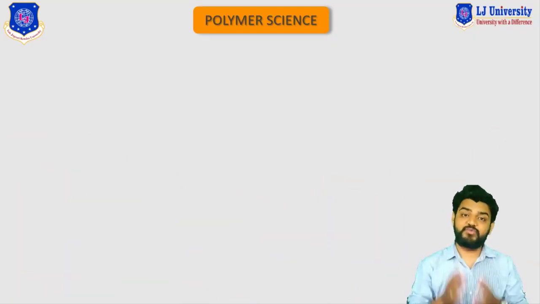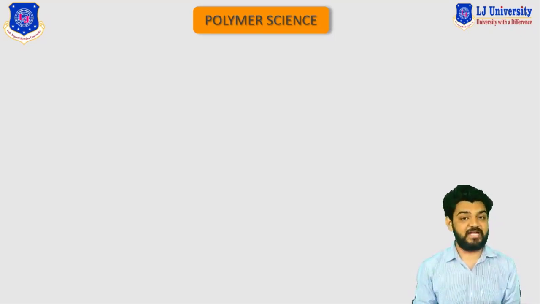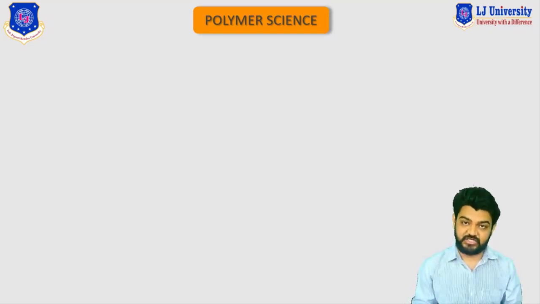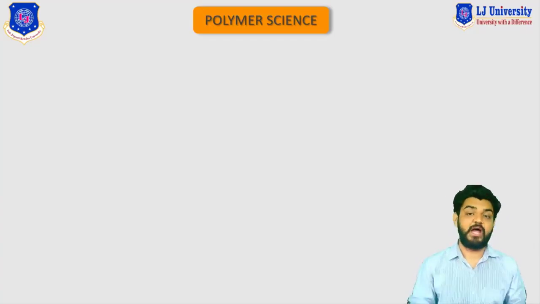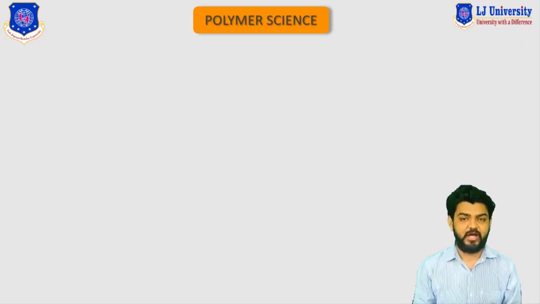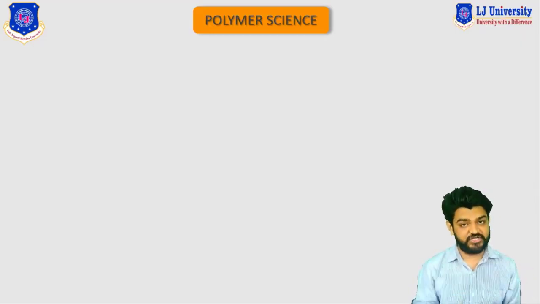In the previous video, we started the chapter on polymer degradation, in which we saw its exact definition and how we can identify polymer degradation by a change in the chemical structure or the physical structure.